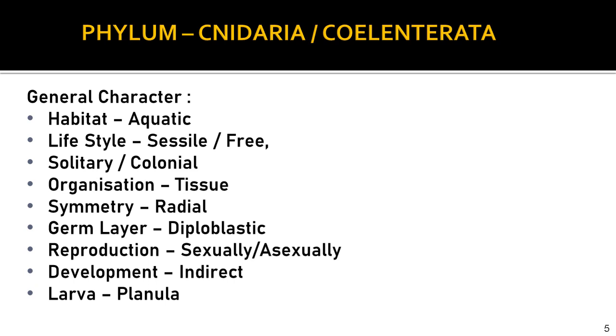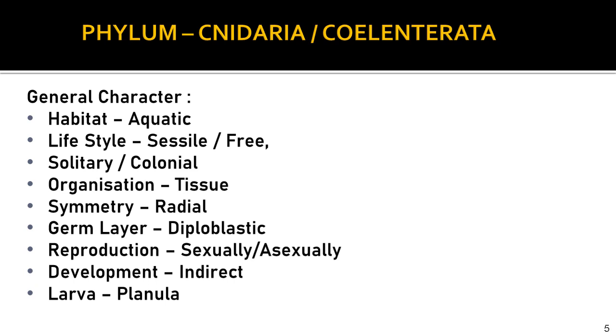Understand? Okay. And the next one is germ layers. Germinal layers we have already discussed. In the germ layer there are either two types of layer or three types of layer, right? If there are two germinal layers, that is known as diploblastic animals. The layers are outer ectoderm and inner endoderm, right?